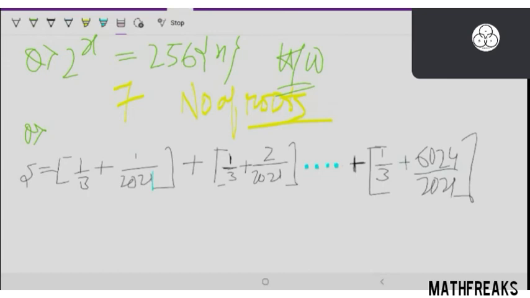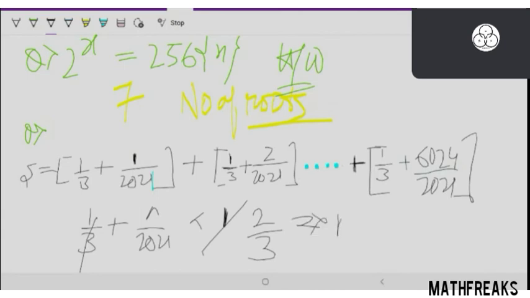I'm just giving a hint that you need to find up to which term. This is 1. This will be 0 up to which term? Just see. 1 by 3 plus n over 2021 less than 1, right? 2 by 3.